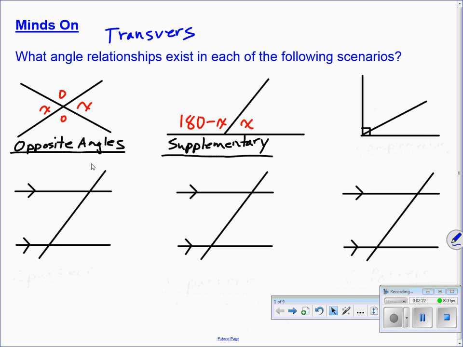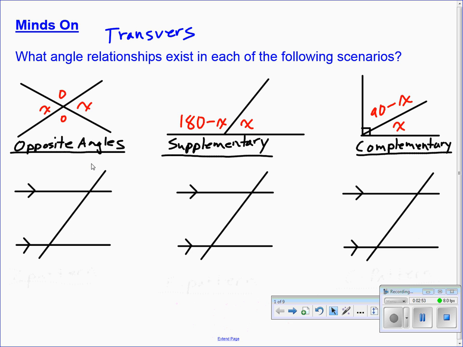Now, suppose that this angle that comes out of that arm is x. That means this is 90 minus x. And we're going to call that complementary angles. You'll see something like that from time to time when we have triangles inscribed in squares, things like that.